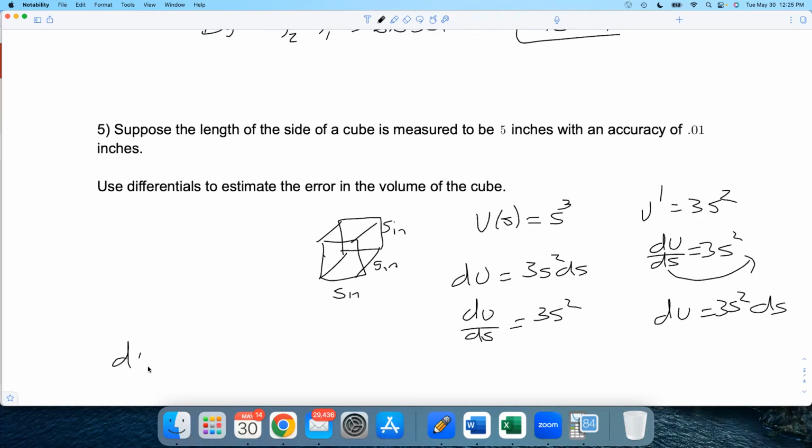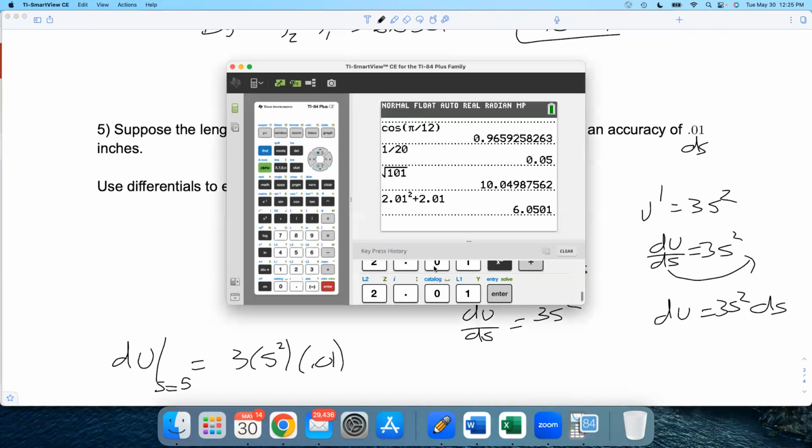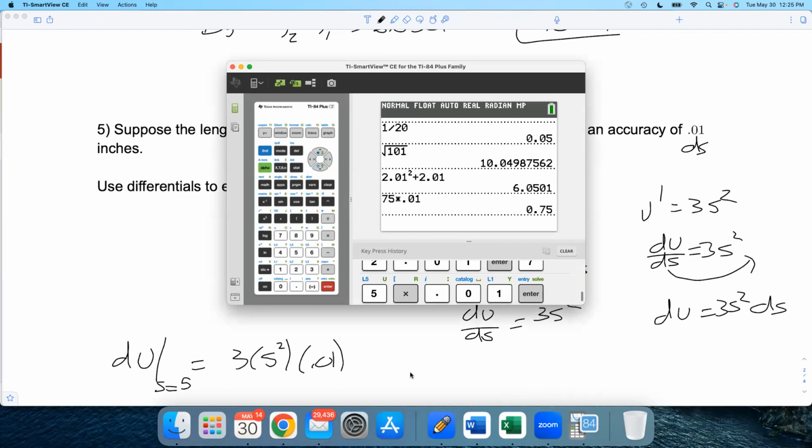So then dV evaluated when S equals 5 will be 3 times 5 squared times my ds, my error in the side length, 0.01. So that's 75 times 0.01, which is 0.75.